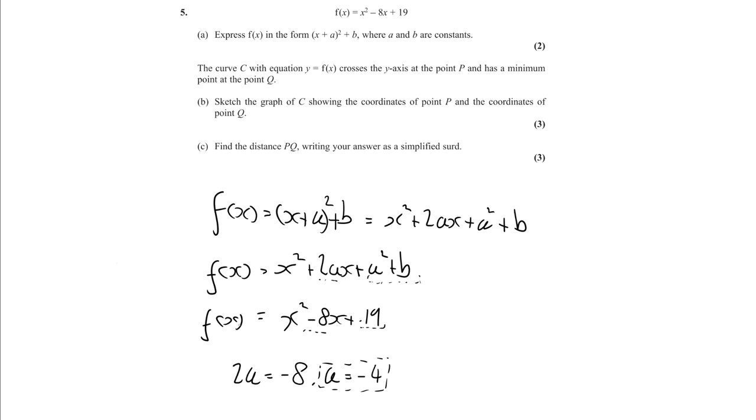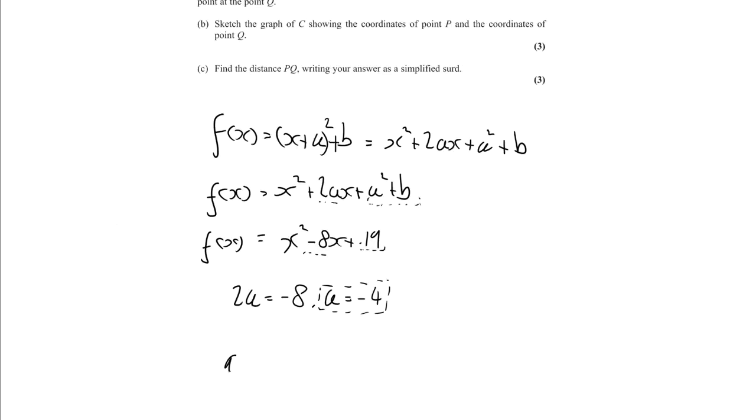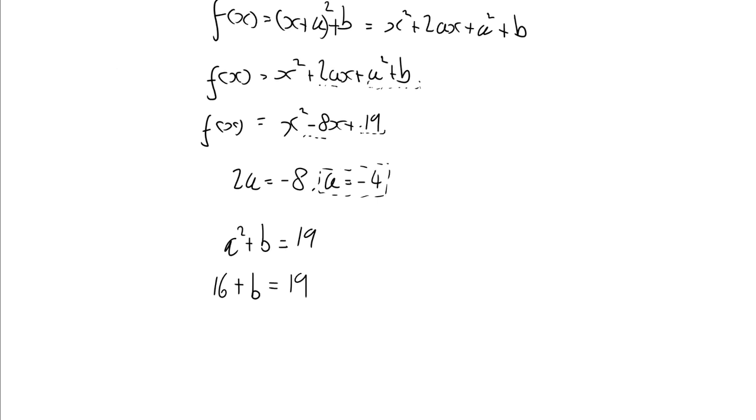We know that a is −4, and (−4)² is 16, plus b is equal to 19. So b must be equal to 3.